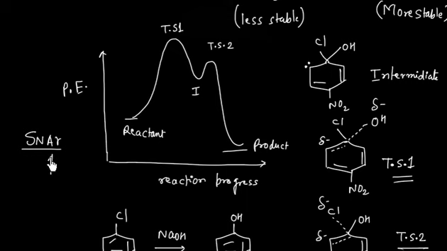So A is for aromatic, N is for nucleophilic, and S is for substitution.